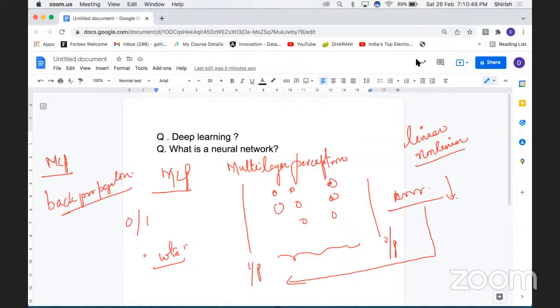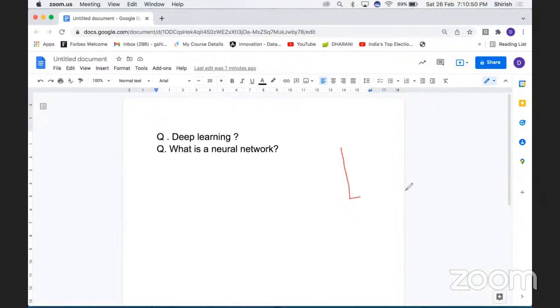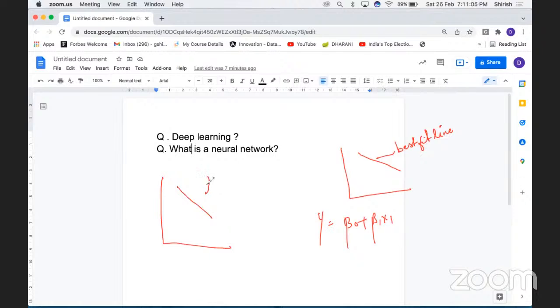So actually what is happening is, in regression, you are trying to get the best fit line. The equation here is y = beta naught + beta 1 x1. Here also you are building a linear separable boundary. The same equation here, we write as bias plus w1 x1.